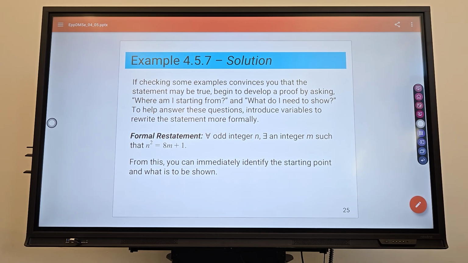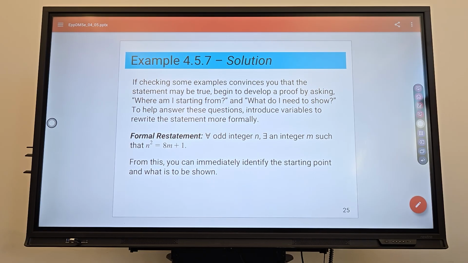Begin to develop a proof by asking, where am I starting from? What do I need to show? To help answer these questions, introduce variables to write the statements more formally. Formal restatement: for all odd integers n, there exists an integer m such that n squared equals 8m plus 1.